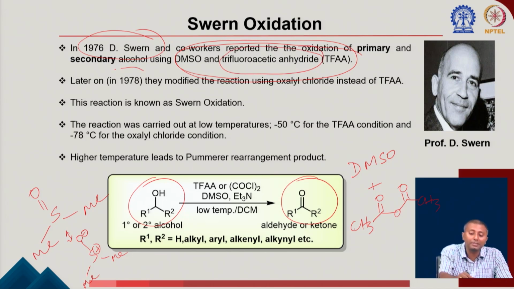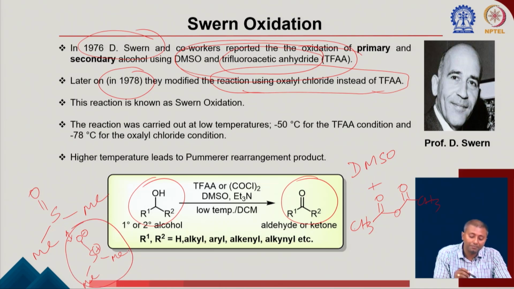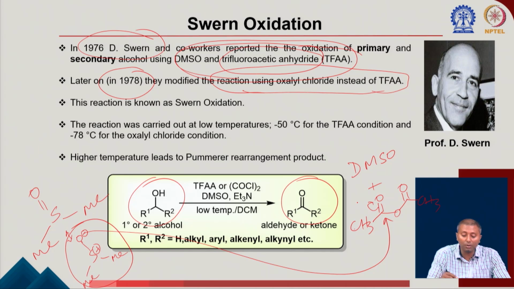Later, in 1978, they modified their conditions using oxalyl chloride instead of trifluoroacetic anhydride. If you remember, in the reaction I talked about in the last class, this O minus attacks the acetic anhydride to give the O-acetyl species, then it comes back and this bond breaks.